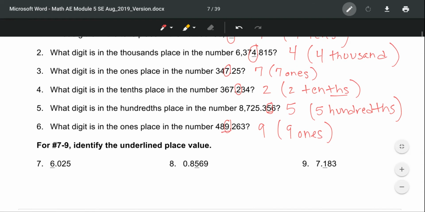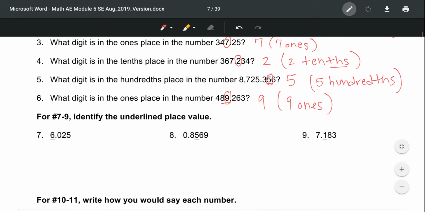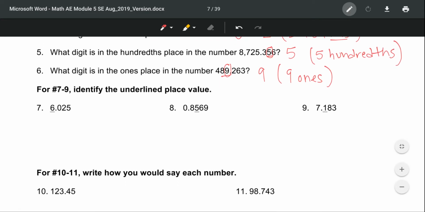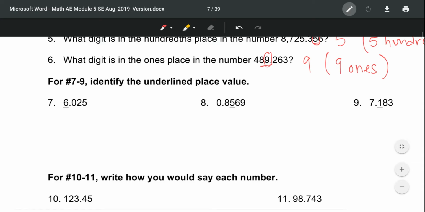Okay, so in 7 through 9, we're going to identify the underlined place value. So the number prior to the decimal point is 6, and that's the one that's underlined. So this is 6 ones. So it's the ones place. In number 8, we have 2 numbers after the decimal point.